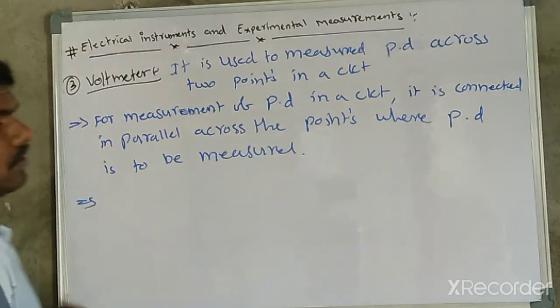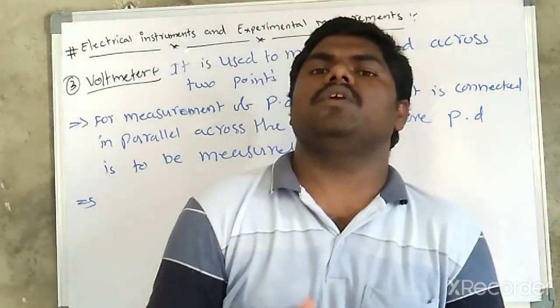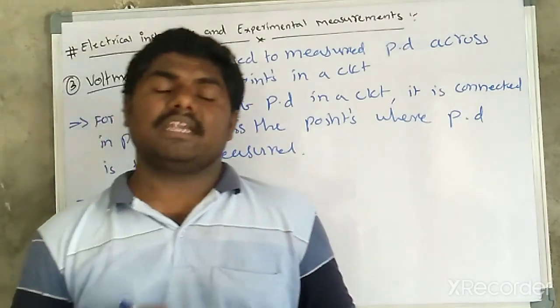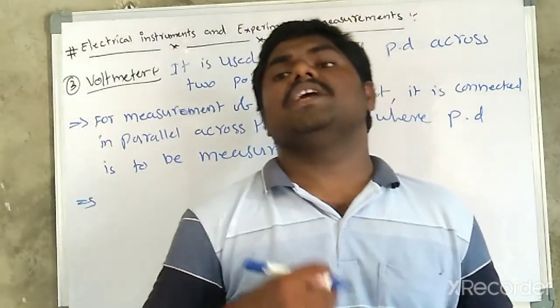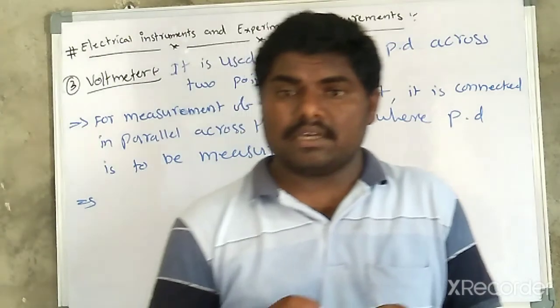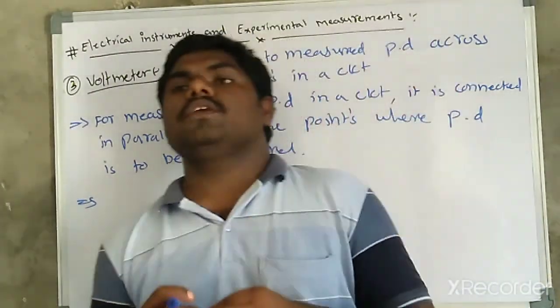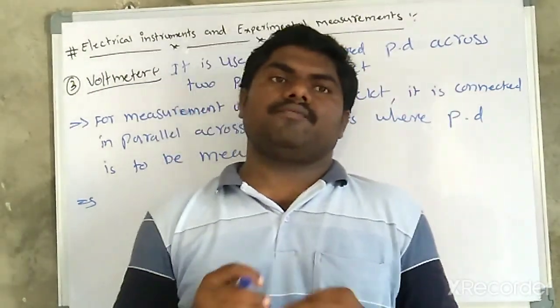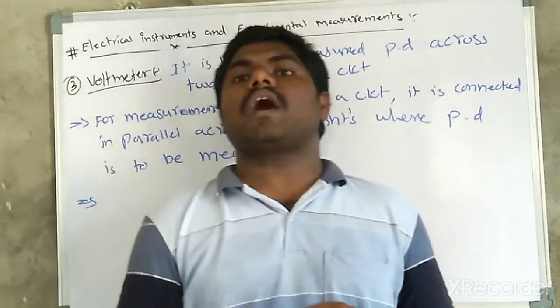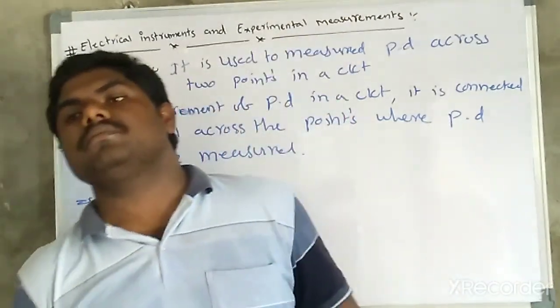Now the third one: for an ideal voltmeter its internal resistance must be infinity, so that no current flows in that circuit. It means it does not draw any current from the circuit.